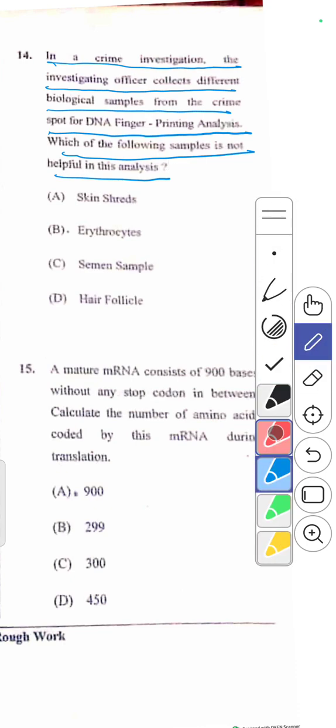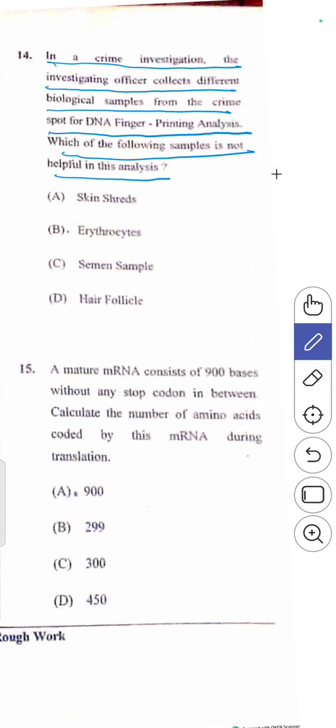In order to do DNA fingerprinting, samples like bone can be used, hair can be used, then skin, then sperm, and apart from this, saliva, and the last one, blood, can be used.